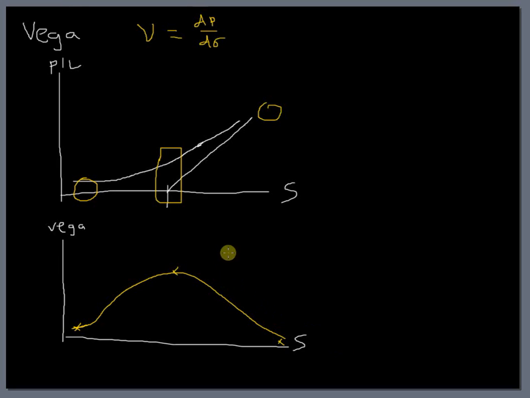Clearly, it will be the longer maturity option because you have so much time to go before it matures, and there's a lot of chances that you will become in the money or make a lot of profits out of it. So the vega for a longer maturity option will always sit above the shorter maturity option. So let's say this is 6 months. Okay, so the second one is T equal to say 1 week.